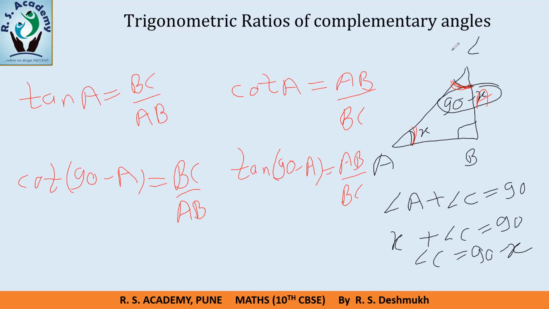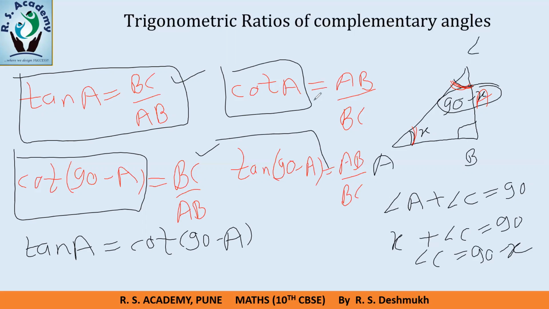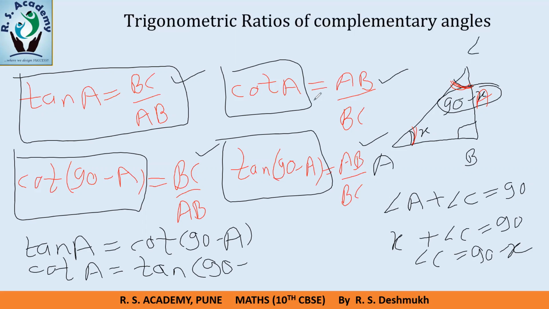Now if we check in detail, you can observe this is tan A and this is cot of 90 minus A. Right sides of both the equations are same, and therefore you can say tan A is equal to cot of 90 minus A. And same thing, if you observe, cot A is equal to tan of 90 minus A. Again, right sides are same. So I say cot A is equal to tan of 90 minus A, or you can say 90 minus theta.